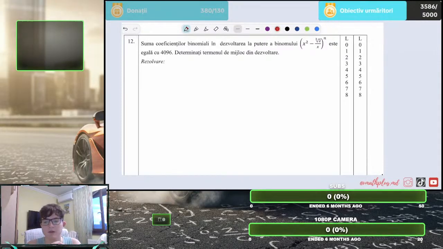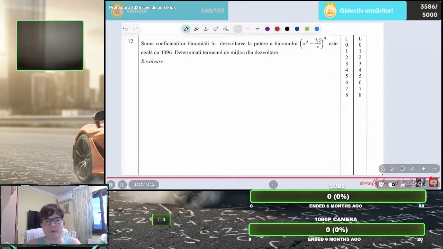Okay, so in order to do that, essentially, the sum of coefficients is 2 to the power of n, equal to 4096. So you think about what power you need to put on 2 to get 4096, that's 12, so n is 12.